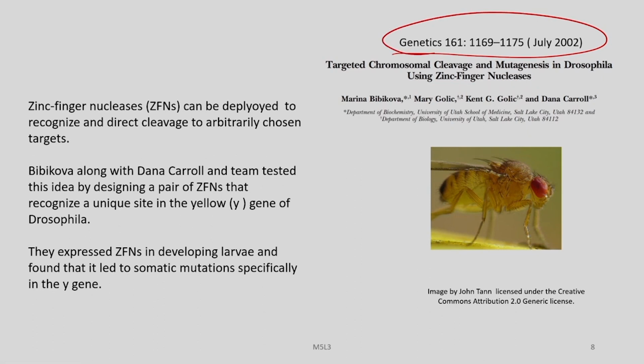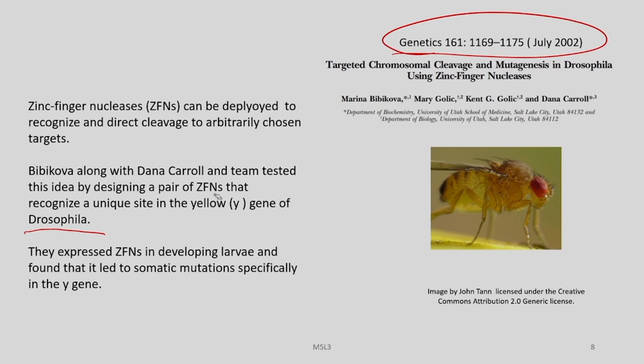These zinc finger nucleases were deployed by Dana Carroll and team to recognize and direct cleavage to arbitrarily chosen targets. For example, they designed a pair of ZFNs that recognize a unique site in the yellow gene of Drosophila, which we discussed in the previous slide.